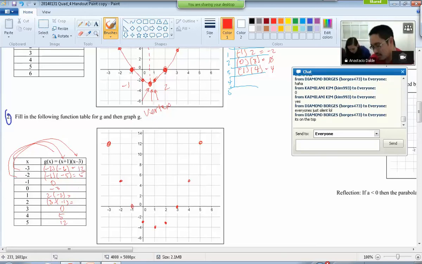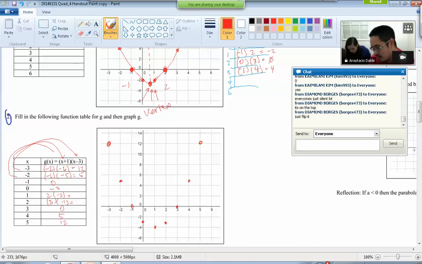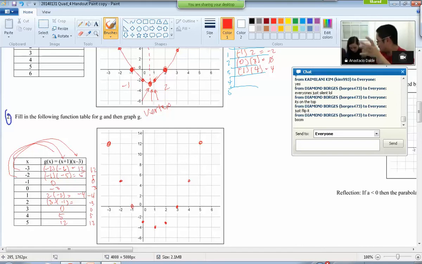And once I found the vertex, which is over here at negative 4, I know that the numbers on top, look, it's 12, 5, 0, negative 3, negative 4, negative 3, 0, 5, 12. It kind of does exactly the opposite. We cool? So if I were to graph that, that's nice and easy to graph.